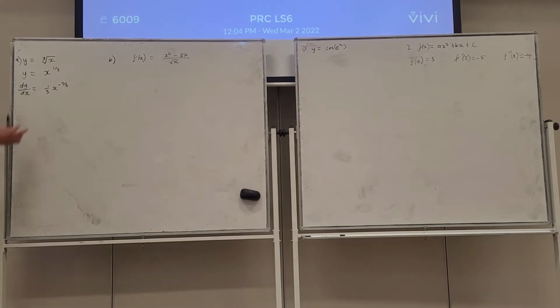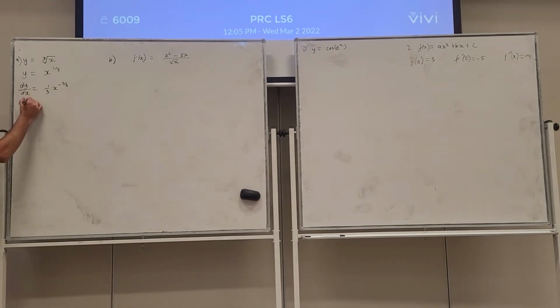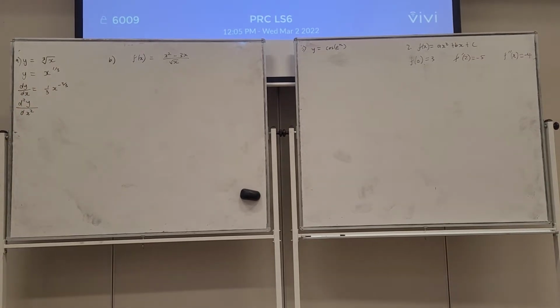Now, everything's expressed as x to the n, so we're ready to perform the second derivative. The way we denote the second derivative, if we have y, is d squared y on dx squared. The 2 means the second derivative. The third is just going to hang out, and then we have this power going out.